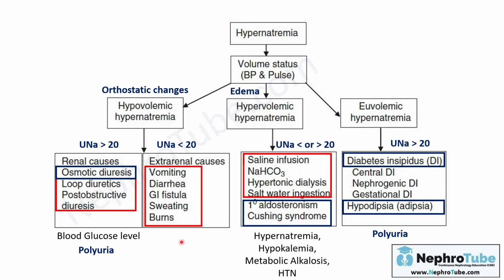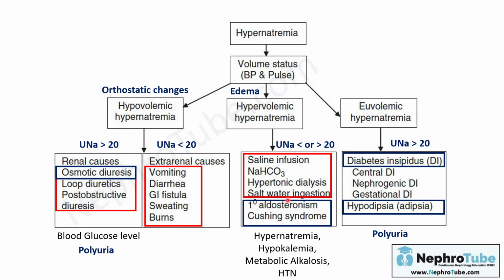So, to find the cause of hypernatremia, search for orthostatic changes, search for edema, exclude loop diuretics, post-obstructive diuresis, vomiting, diarrhea, GIT fistula, sweating, burns by history and examination, and the intake of these hypertonic solutions.